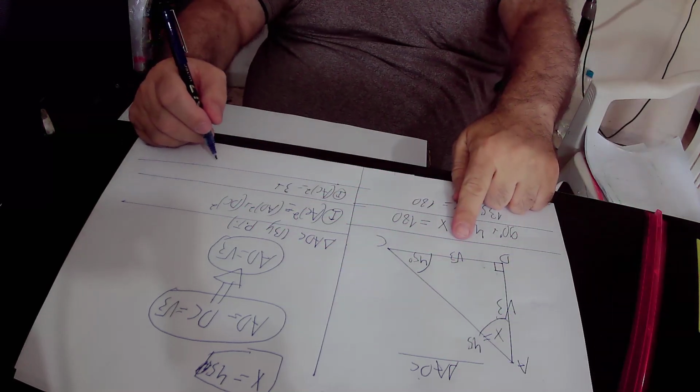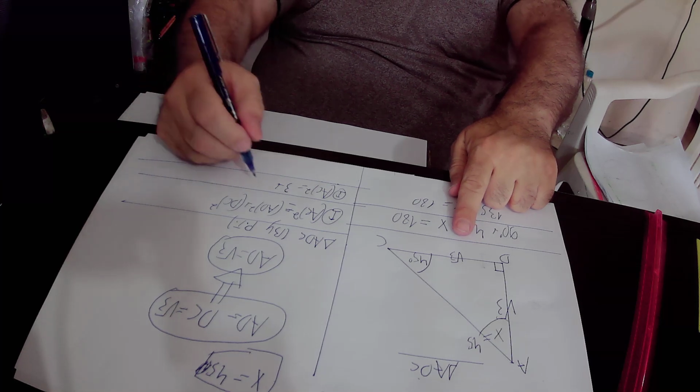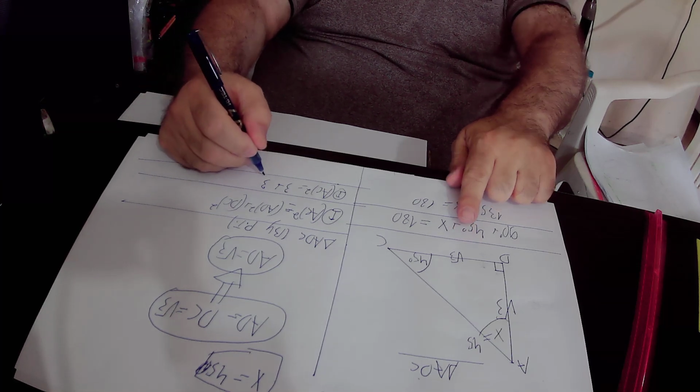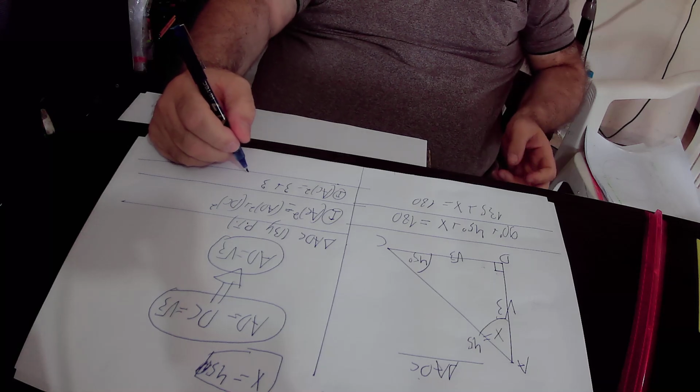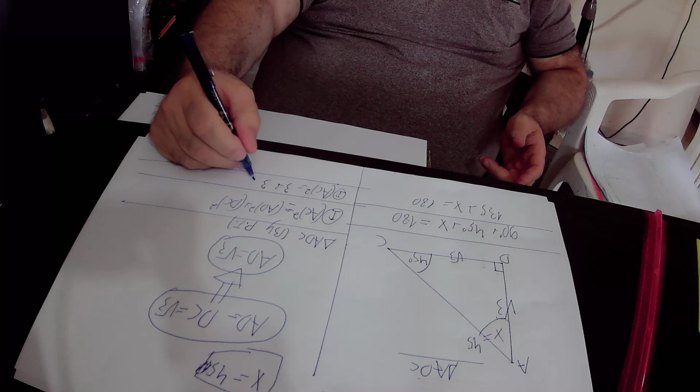DC equals square root of 3 units, therefore DC squared is square root of 3 squared, that is 3. So in total we found out that AC squared equals 3 plus 3, that is 6.